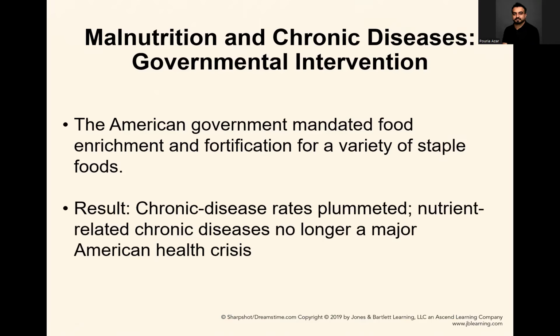And after that, the result was significant. Chronic disease rates related to nutrient deficiencies decreased. And nowadays, nutrient-related chronic diseases are no longer a major health problem in the US.